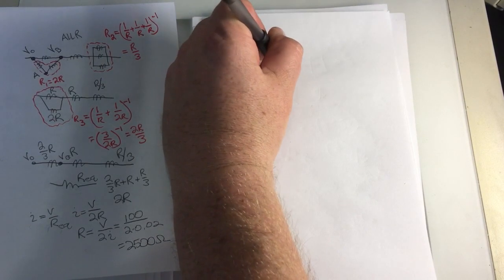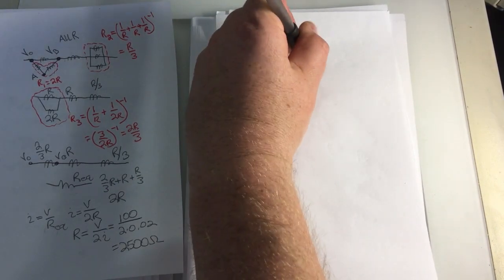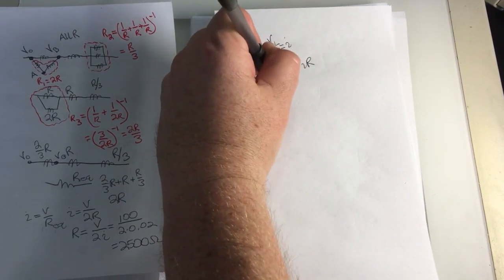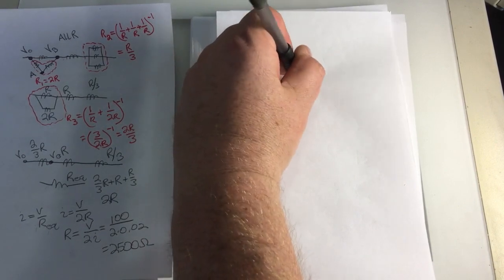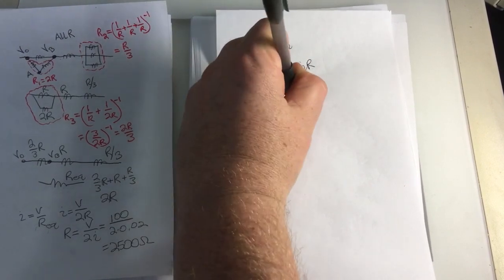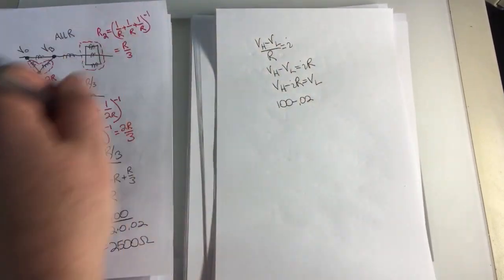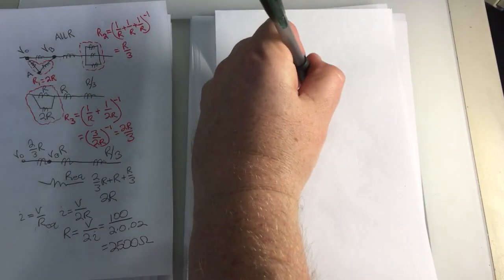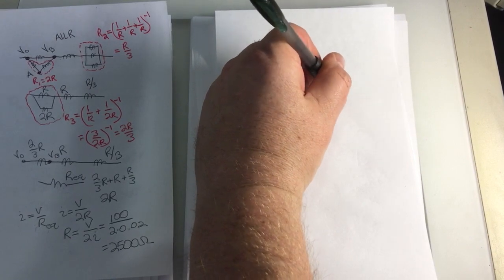V high, V low, IR. V high minus IR is equal to V low. So 100 minus 0.02 times 2/3 times 2500.